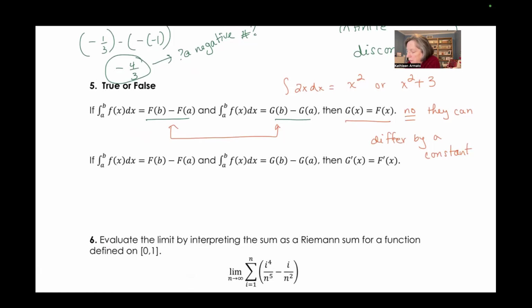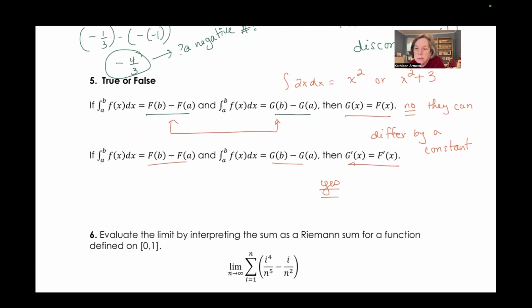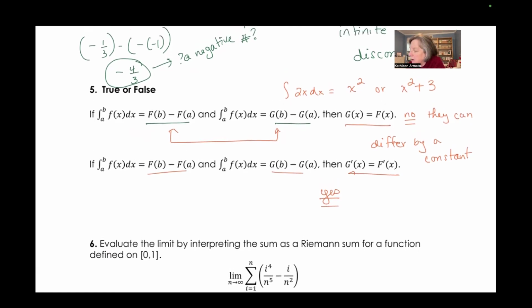But if they're both equal to the integral from a to b, then are their derivatives the same? And that answer is yes, because if they differed by a constant, that constant would just go away when you take the derivative, and then they would be equal. So basically the derivative of x squared and x squared plus 3 would be equal.